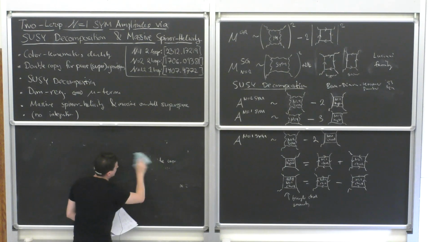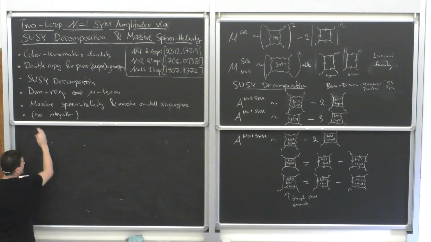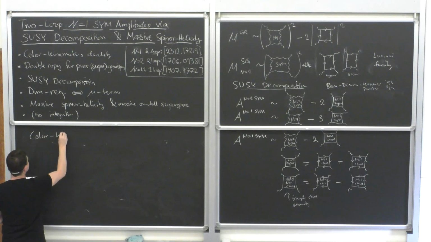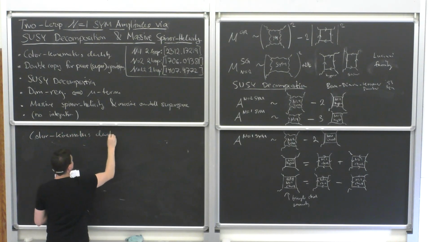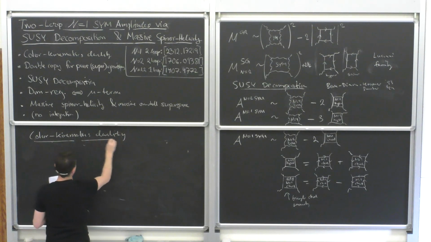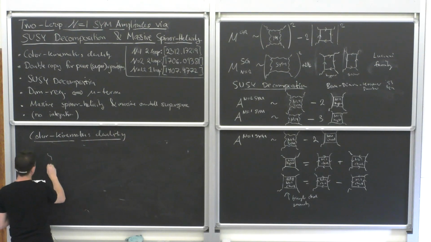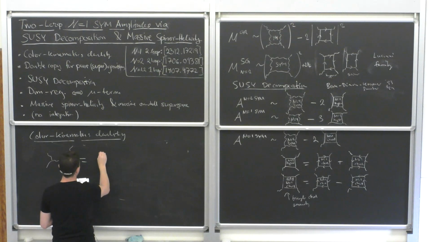When I use color-kinematics duality, I can always relate my triangle, so I have a triangle that looks like this, I can always write that as a difference of 2 boxes.